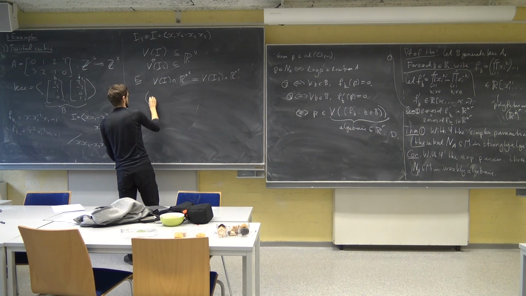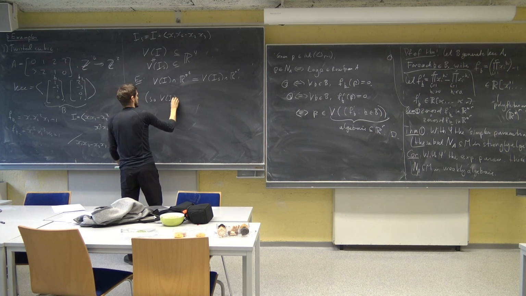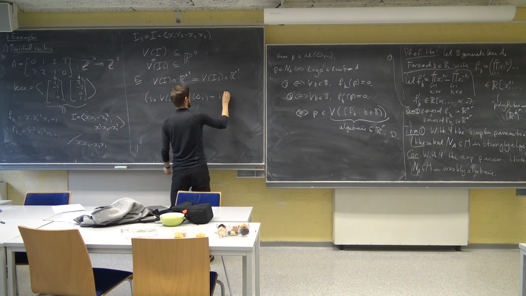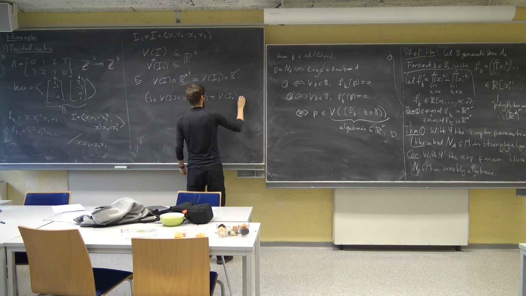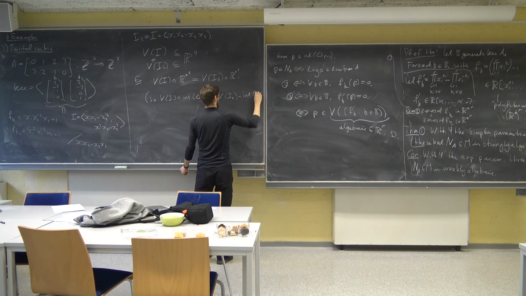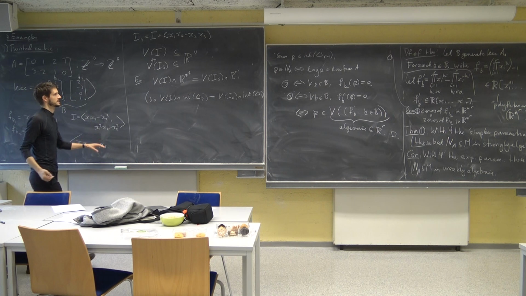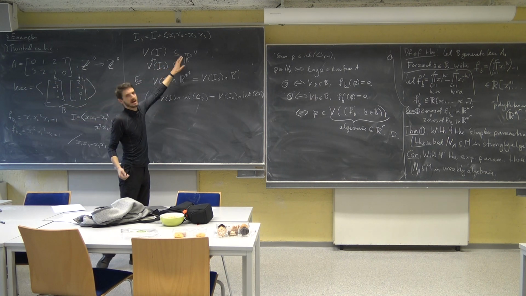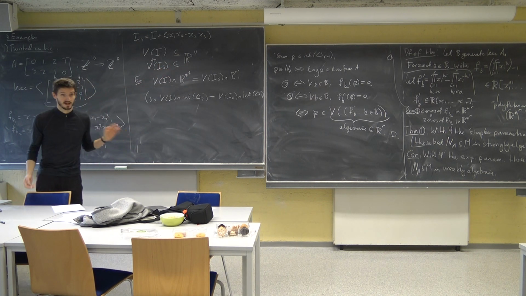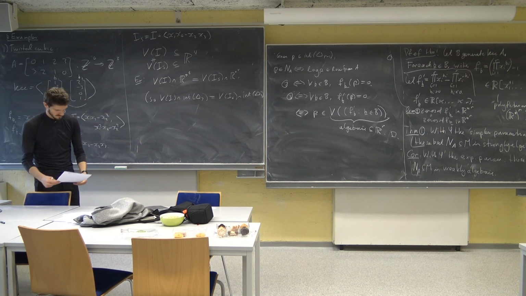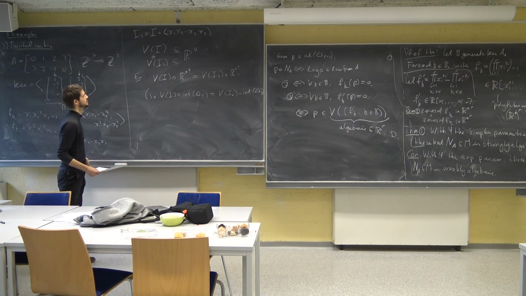In particular, V of I intersected with the interior of the simplex is V of I_S intersected with the interior of the simplex. So they're different ideals, but the only difference is about what happens on this boundary, and we don't care about that, at least for the statement of the theorem.